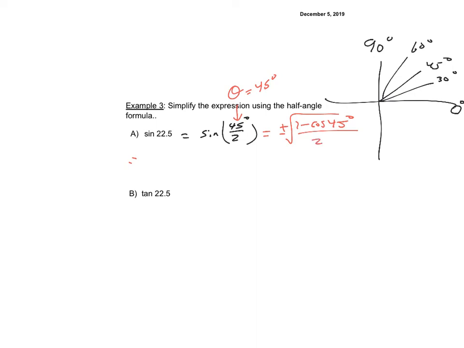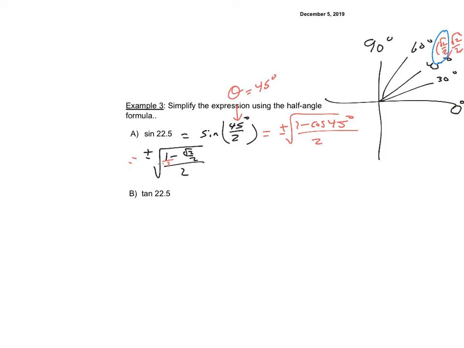So 45 degrees over here, the ordered pair is the square root of 2 over 2 and the square root of 2 over 2. So cosine there is our x value, which is the square root of 2 over 2. So we get plus or minus the square root of 1 minus square root of 2 over 2, divided by 2.